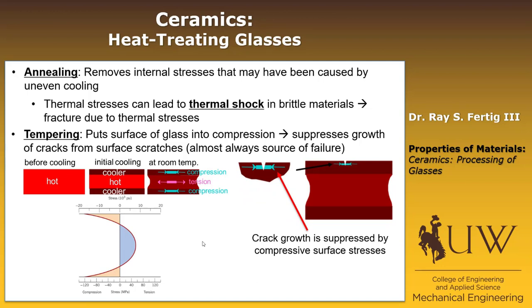Again, we haven't talked extensively about it, but in general with glasses, the dominant mode of failure is the propagation of surface cracks. So tempering alleviates that. And in fact, if you do any building of houses or anything like that, as I did recently, at least a few years ago, anytime you have, let's say, windows or something that's going to be by a door or something like that, that window has to be tempered because it's going to give additional strength against fracture if someone were to, let's say, trip and hit the window.